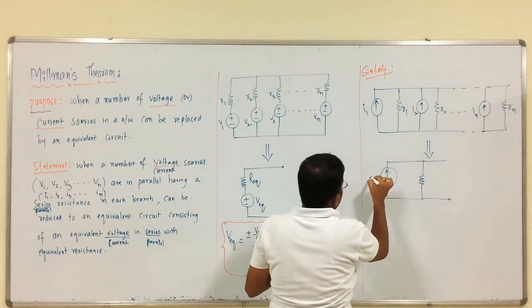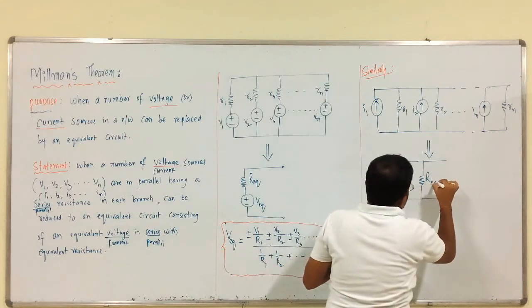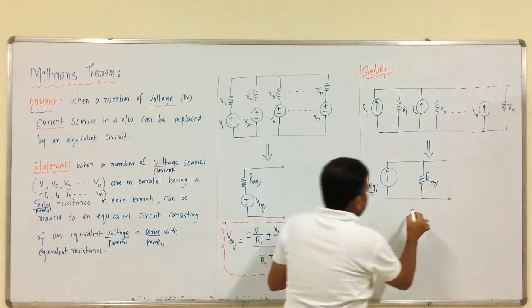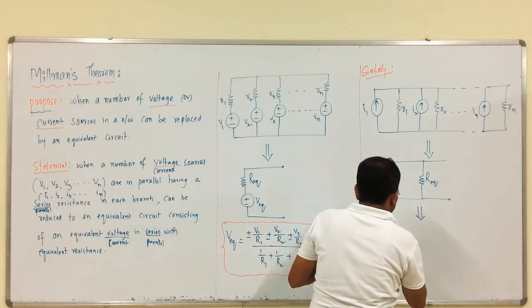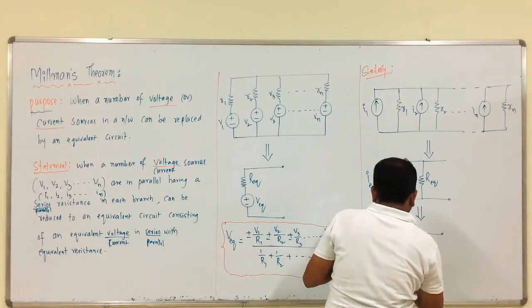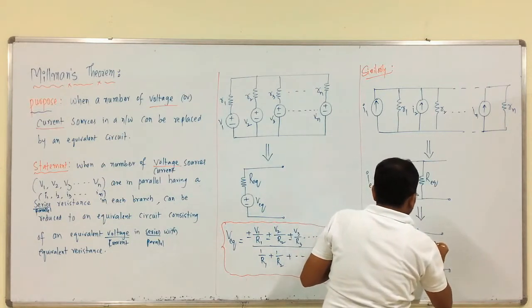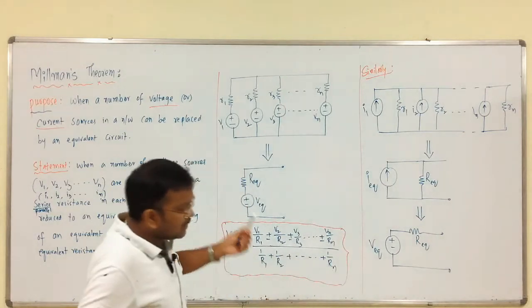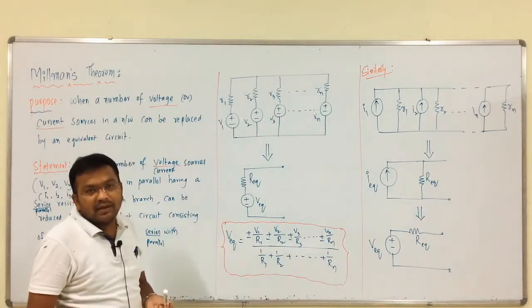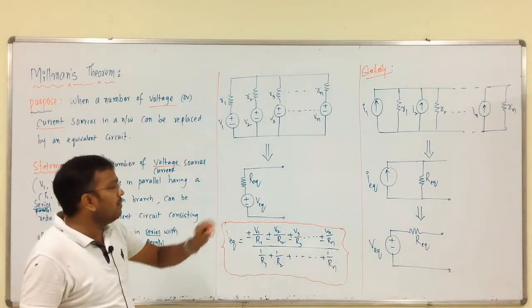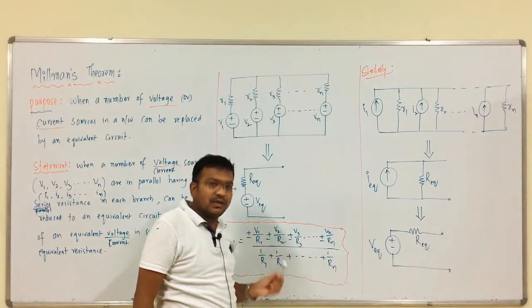This is I equivalent, this is R equivalent, that is it. This can be replaced by using source transformation. We can get plus minus, this is V equivalent, this is R equivalent, that is it. If we have a current source in parallel with resistance, it is better to simplify by using source transformation. We can convert them into an equivalent voltage source in series with resistance, that is better.